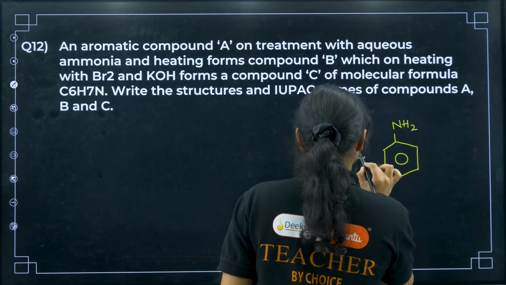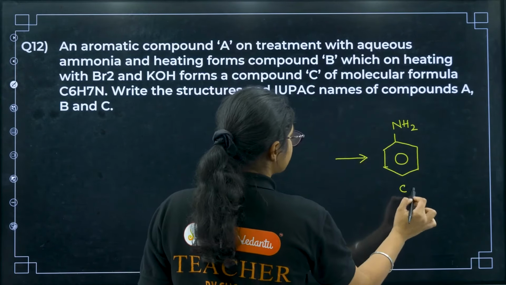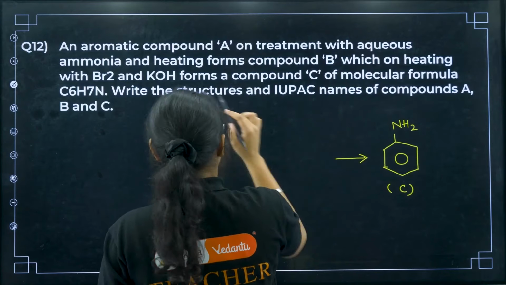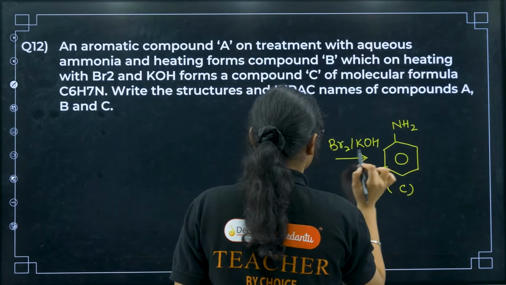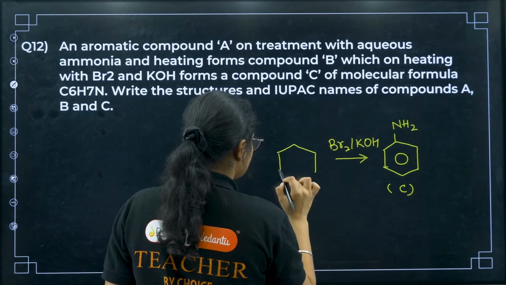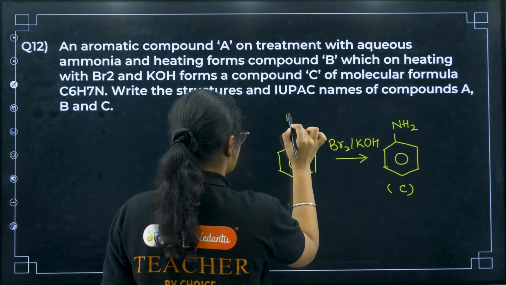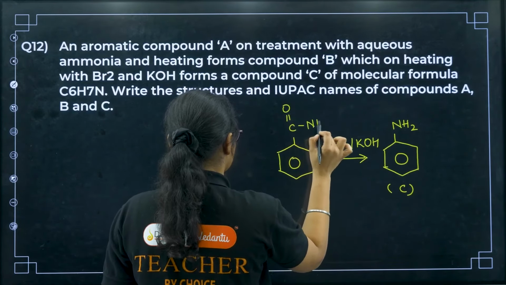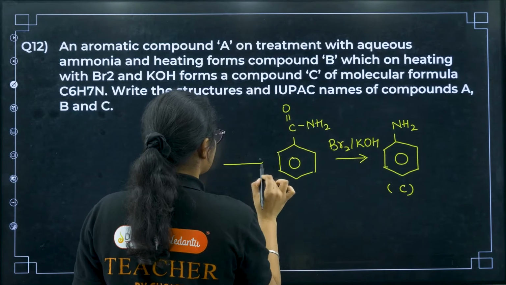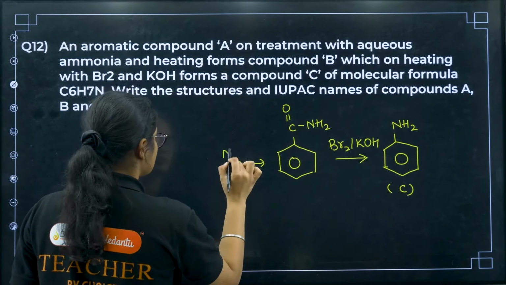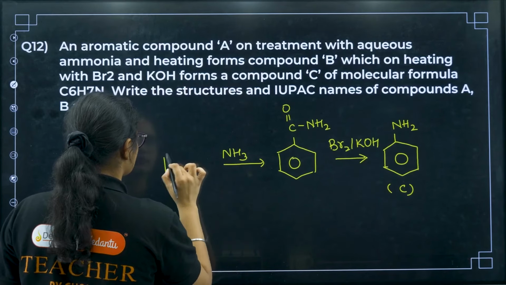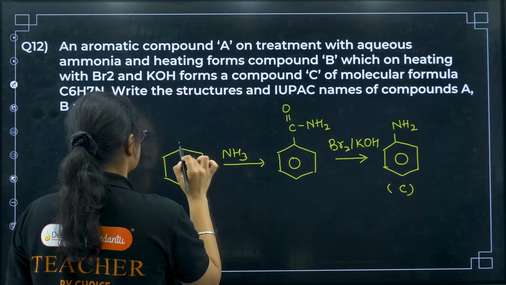Okay, now this is your C. Now it was prepared on reacting with Br2 and KOH, right? That means you should have an amide group here. So that is your benzamide. This is your benzamide. Okay. Next, after that, this one is treated with what? On treatment with aqueous ammonia. So if you treat it with aqueous ammonia, then this must be a benzoic acid.